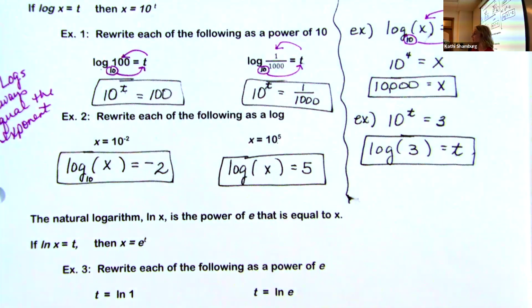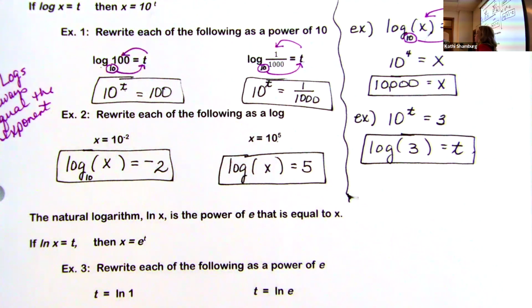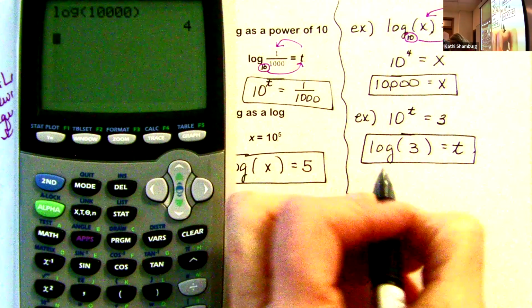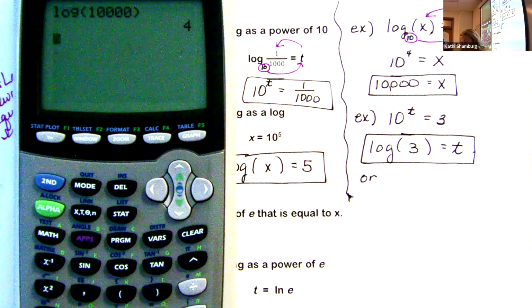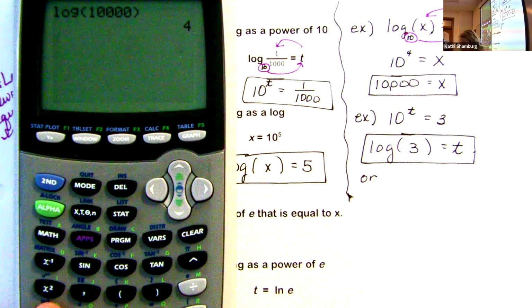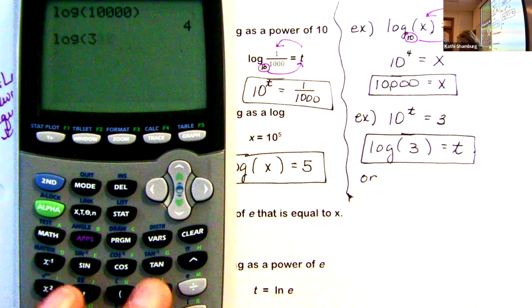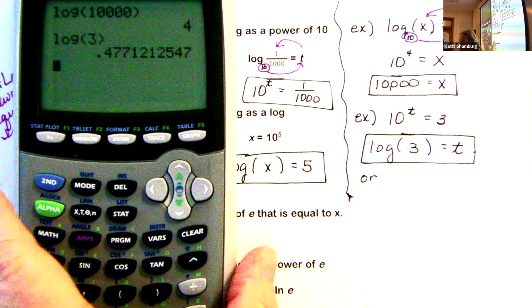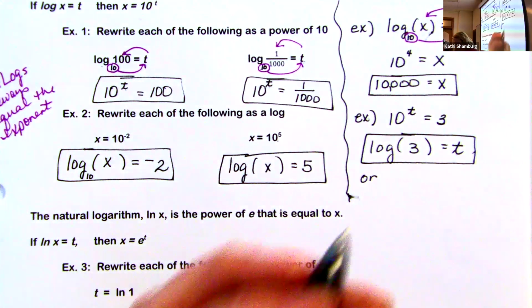You can enter that as an answer, but if WebAssign says round to the nearest 3 decimal places, then it wants you to calculate this. So let's go ahead and calculate that. So if I did log of 3, and I'm going to go 3 decimal places, 0.477.